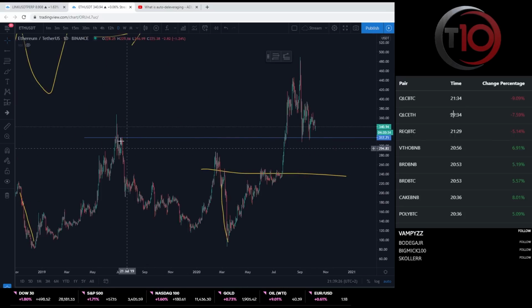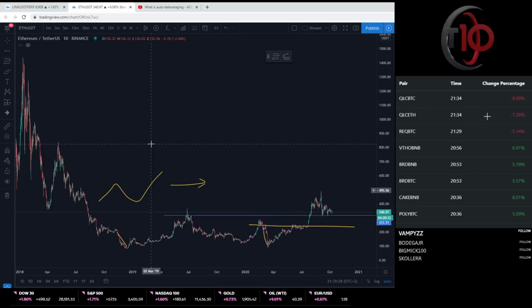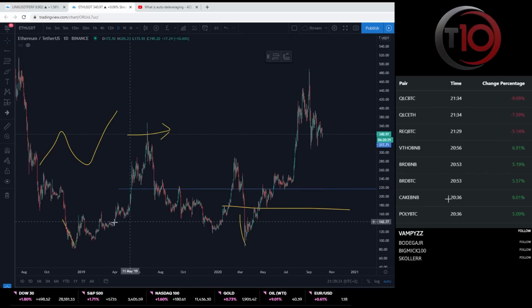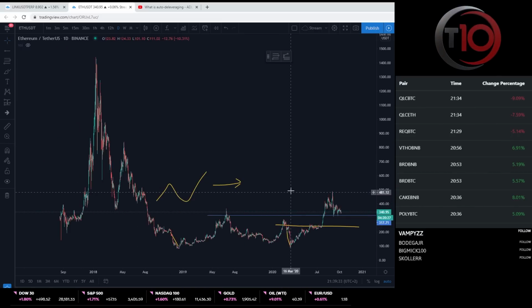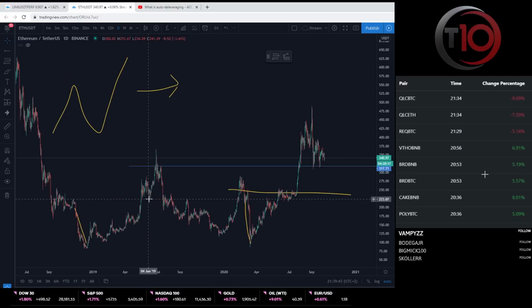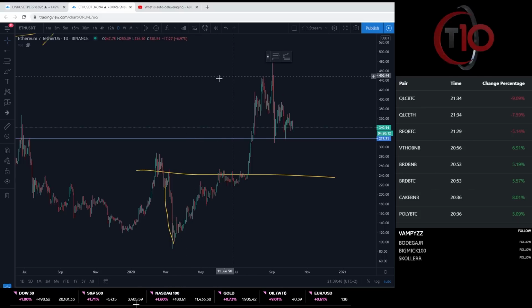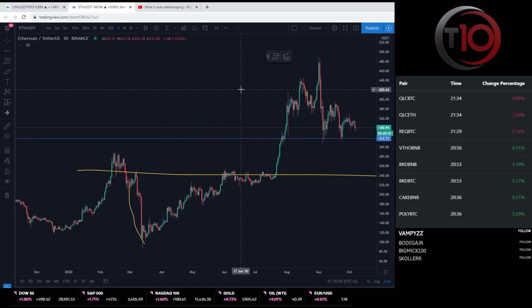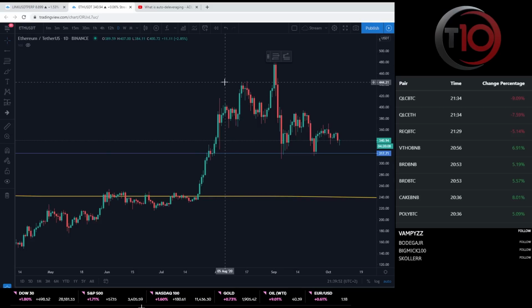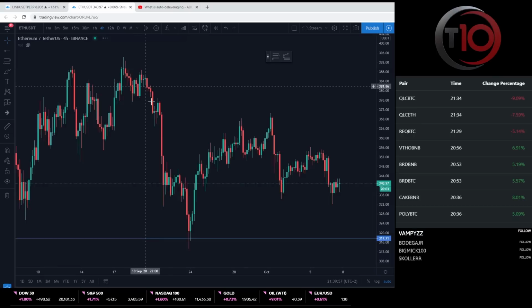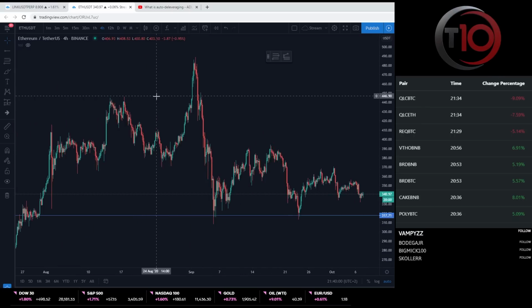ETH holding the previous failure here. I didn't catch the top of this one. It gave perfect sense when you look at it now, but I didn't take this one. I took a retest. I've added to it now, so I don't remember my exact entry.